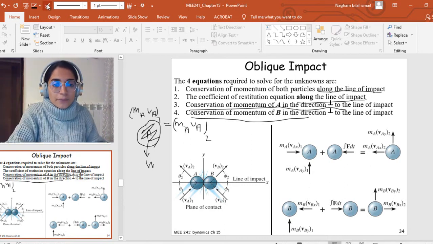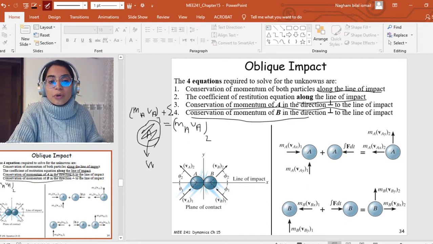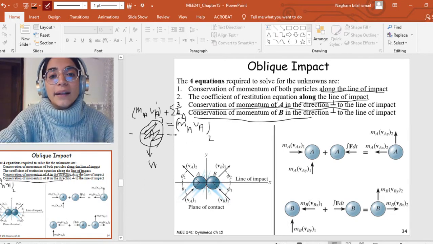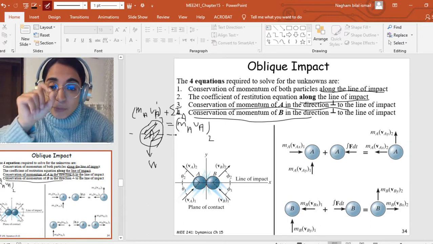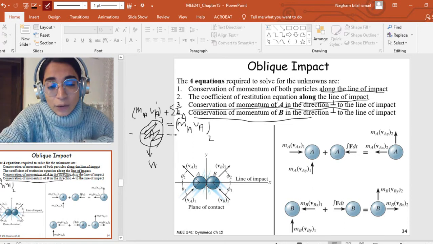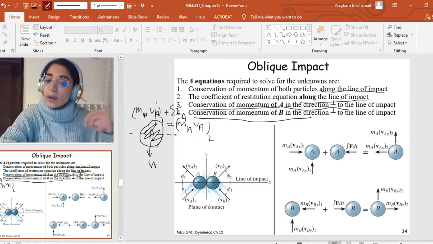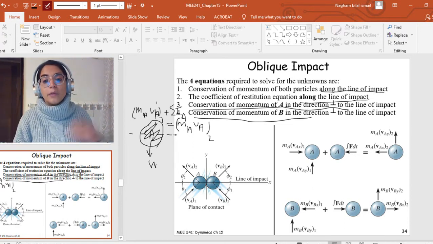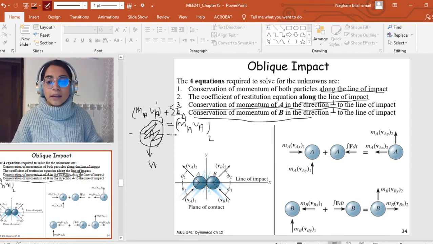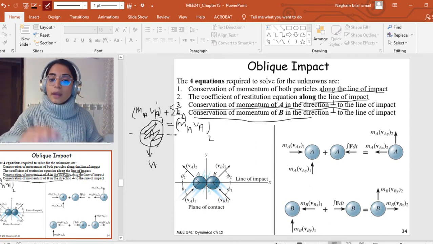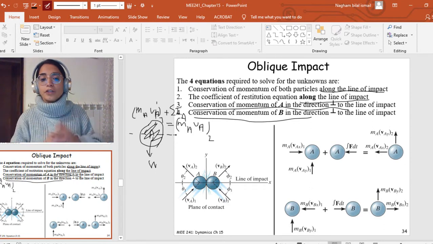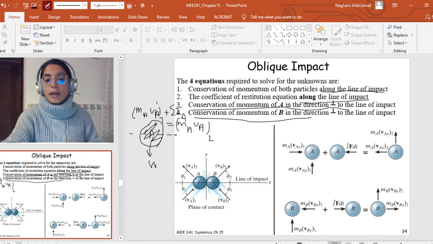And that's why the sum of impulse exerted on A in the perpendicular direction of the line of impact will be equal to 0, because all the forces times this small dt will be equal to 0.